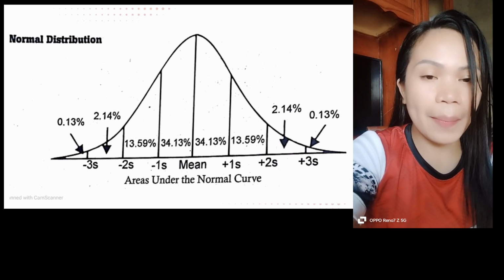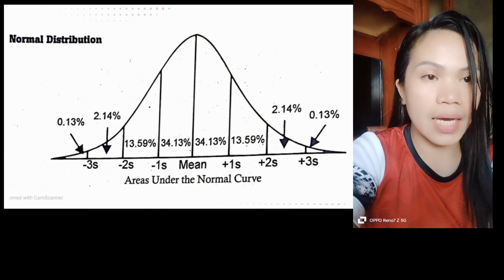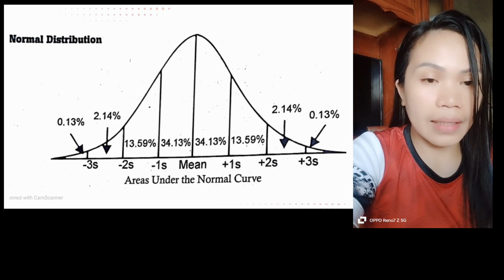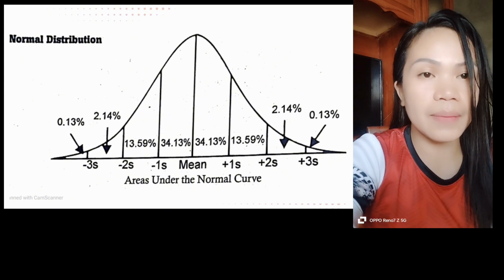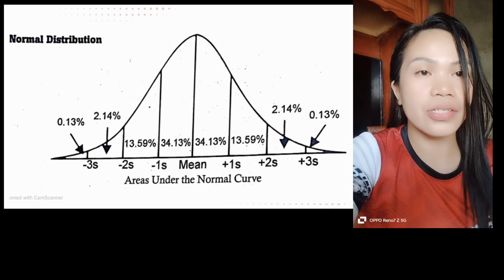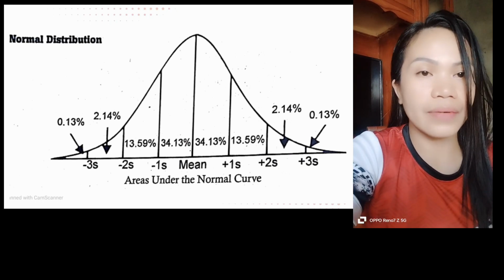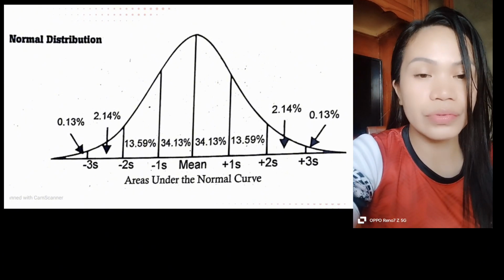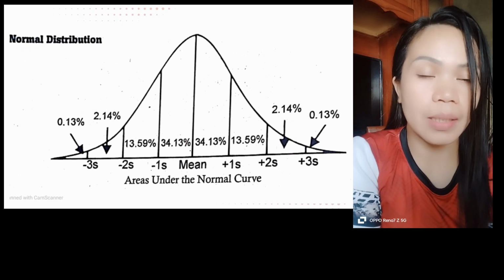The result is 68.26%. Now, the positive and negative 2 standard deviations from the mean value is 94.44%. And the negative and positive 3 standard deviations from the mean is 99.72%. When you add the percentage of the baseline between 4 standard deviation units above and 4 standard deviation units below, we get the sum of 99.98%.